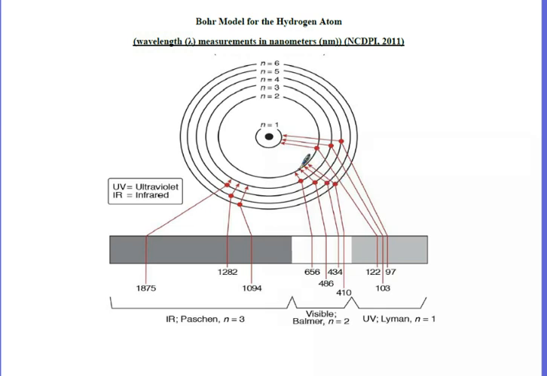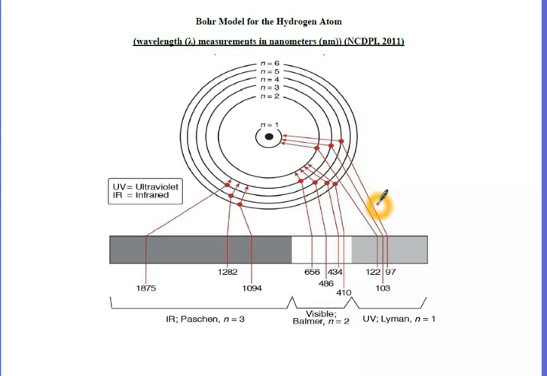So these are all emission wavelengths of emission of light. So the electron is losing energy and falling back down. So something happened, it went up in energy and then fell back down. And when it does, it emits light. And that light, depending on where it fell from and where it fell to, has a specific wavelength.